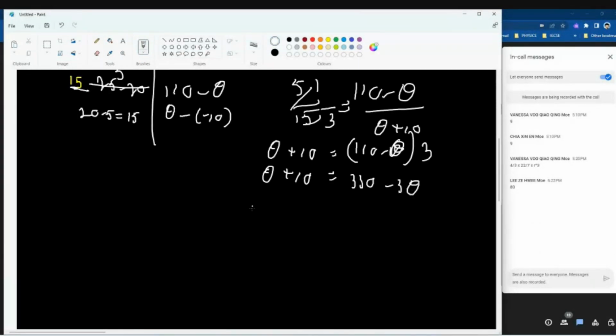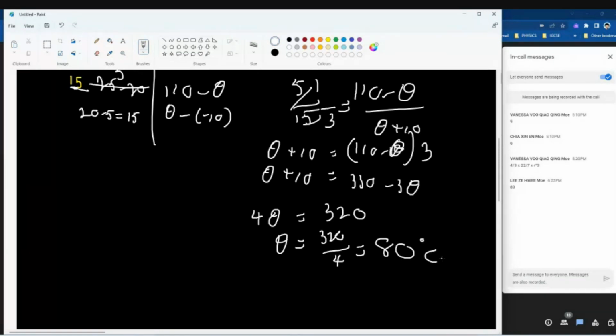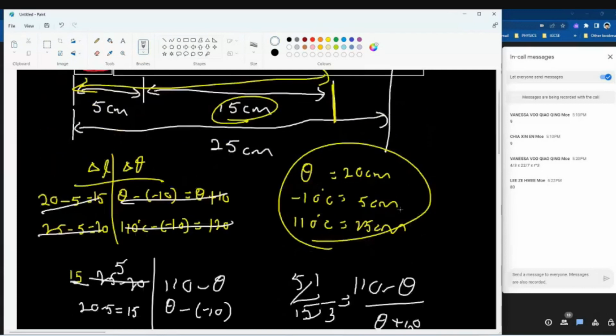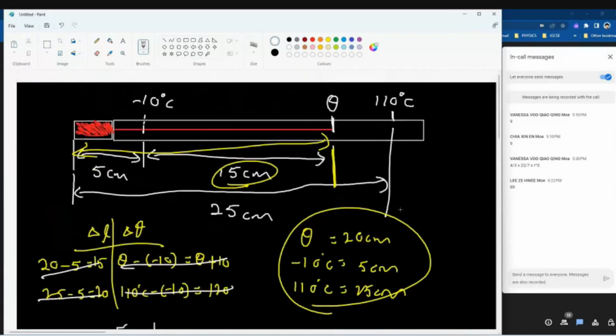Alright, then you have 4 theta equal to 320. So theta is 320 over 4, which is still back to 80 degrees Celsius. So no matter how you do it, it's still back to the same answer. I hope that you learned about these questions.